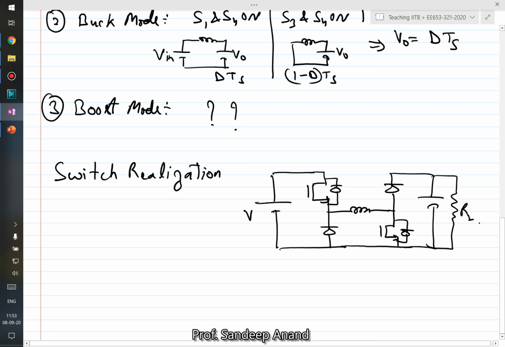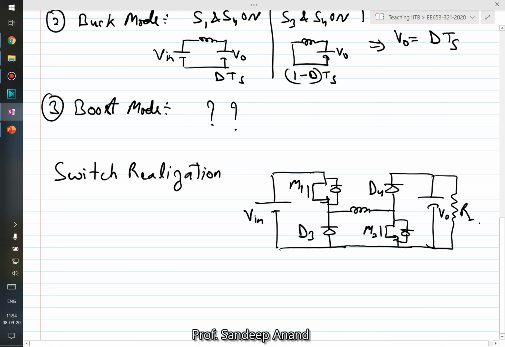Right, so if you see, there is an input voltage, output voltage, MOSFET 1, MOSFET 2, diode 3, diode 4, right? So you require 2 MOSFETs and 2 diodes to realize this above circuit. As compared to normal buck or boost or buck-boost, where you only needed one switch and a diode, here you are using 2 switches and 2 diodes, so you have more degrees of freedom, right?